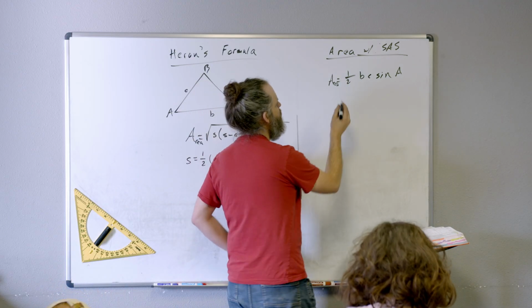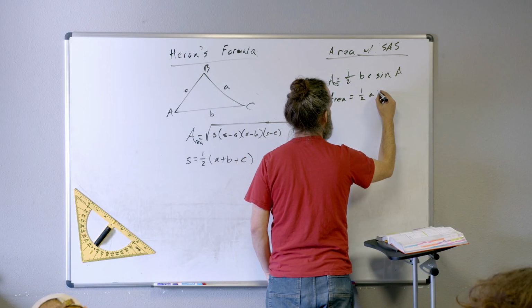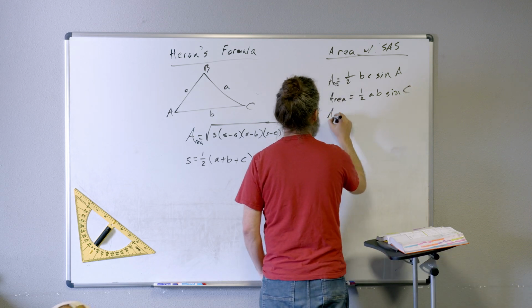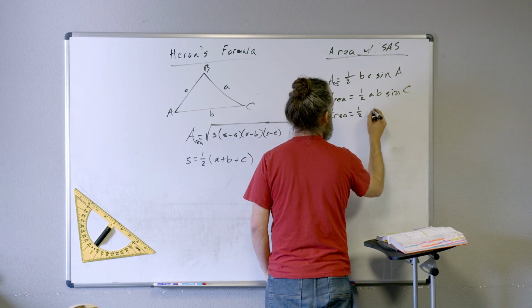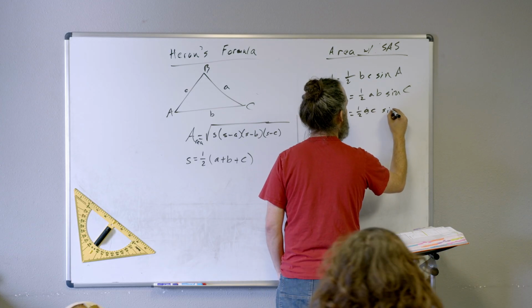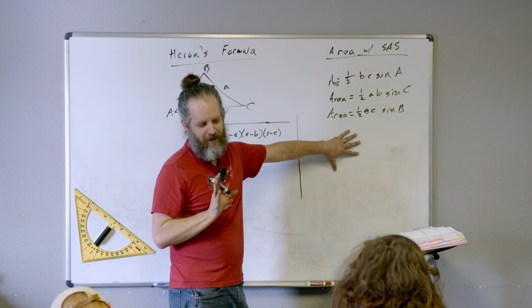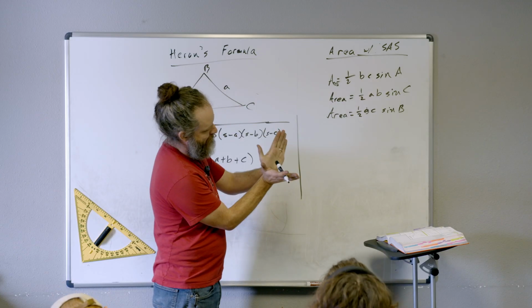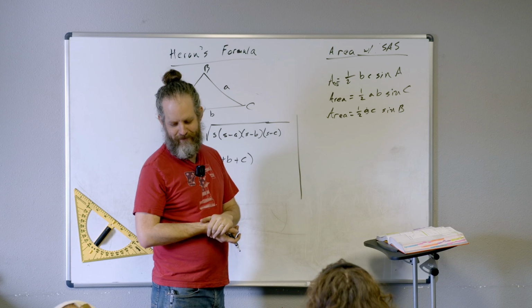If you wrote it with the others, it would be the same idea: 1/2 of A times B times the sine of C, and the last one would be 1/2 of A times C times the sine of the angle in between them. And this is just like in law of cosines. If you memorize it, it's 1/2 of the sides that are adjacent times the sine of the angle in between them, whatever the letters are.